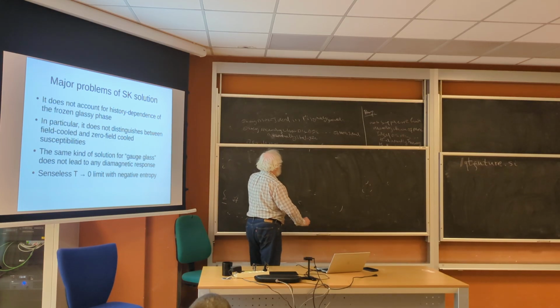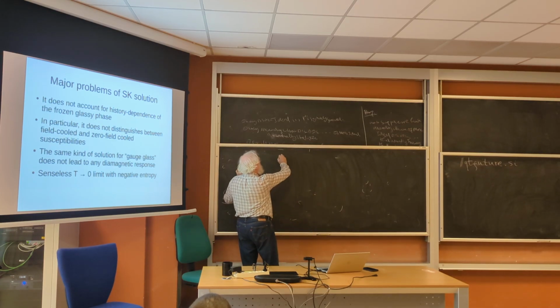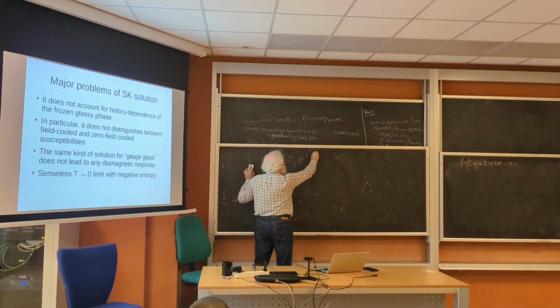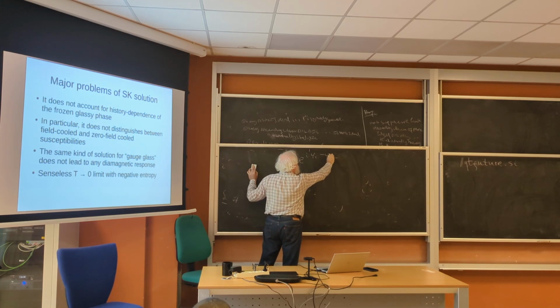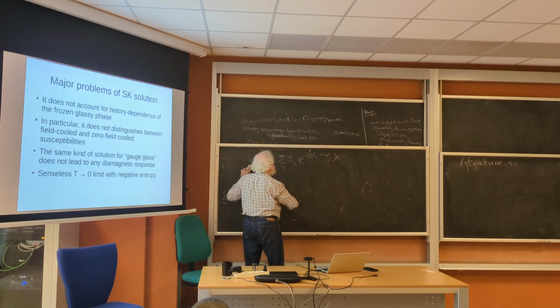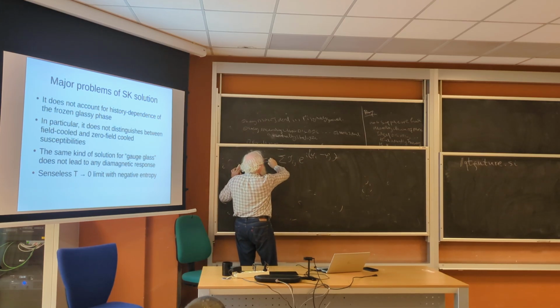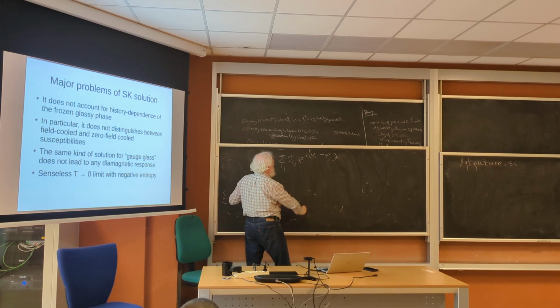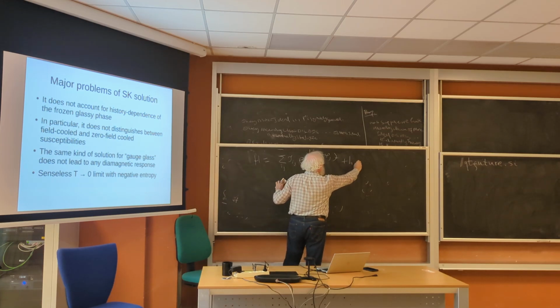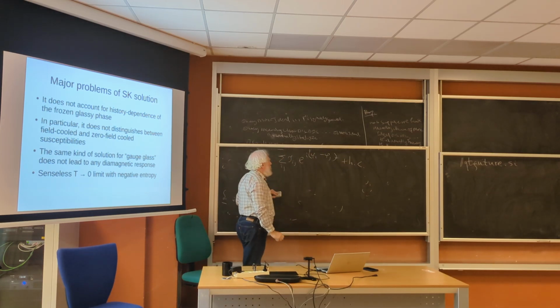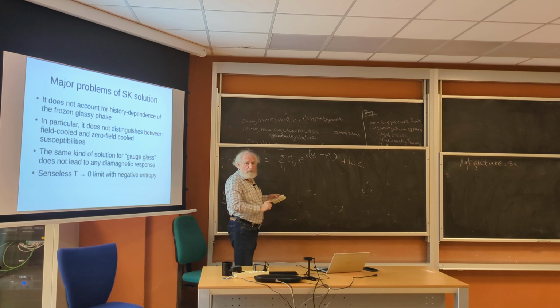If you would write a Hamiltonian like sum of J_ij e^{i(phi_i minus phi_j)} plus Hermitian conjugate, and phi is a phase variable on a circle.